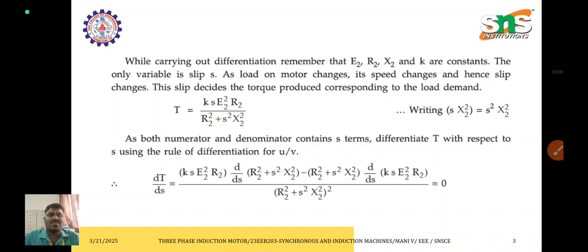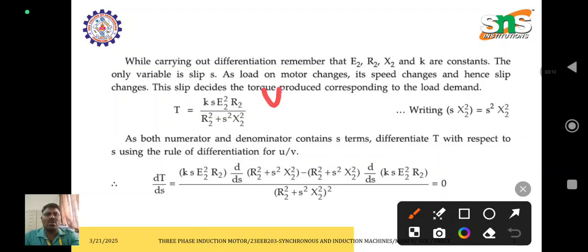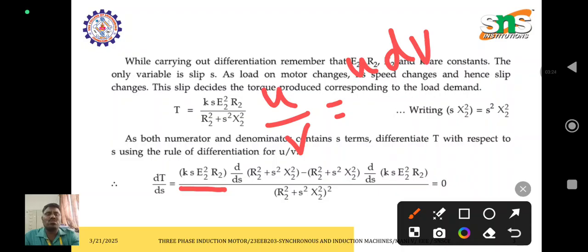This is called U and this is called V. For U into dV, we keep the numerator part U as it is, and the denominator should be differentiated: in the denominator, R2 square plus S square into X2 square, we differentiate this.